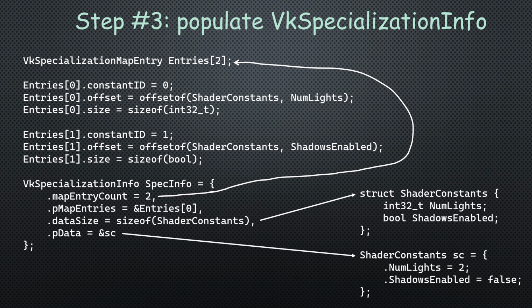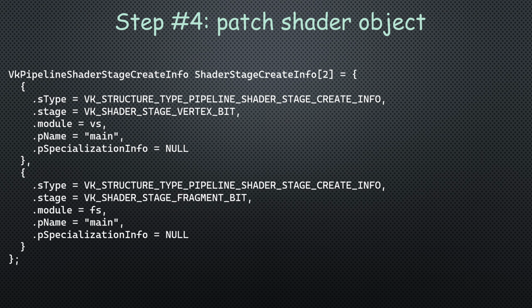This structure is what Vulkan needs in order to patch the SPIR-V object during pipeline creation time, which is exactly what happens in the next step. When creating the pipeline object, we have to specify a pipeline shader stage createInfo structure for each active shader stage, and if you've been following this series, then you should have a piece of code like the following.